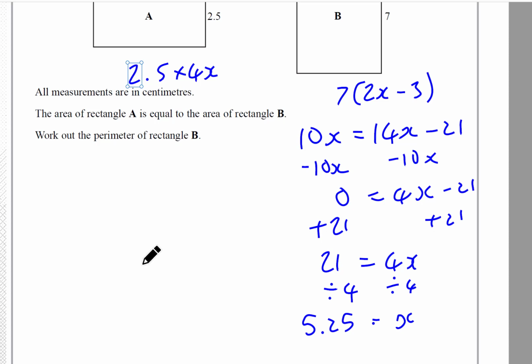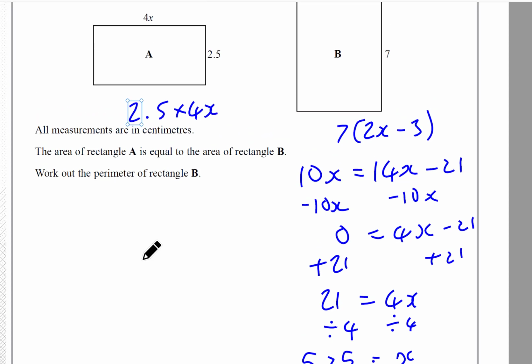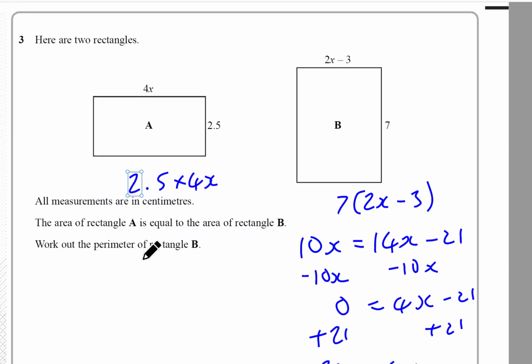So once you know that x is 5.25 centimetres, it says work out the perimeter of rectangle B. So this is going to be 2x minus 3 here, and this is going to be 7. So you'll just work out 2 times 5.25 minus 3 first.